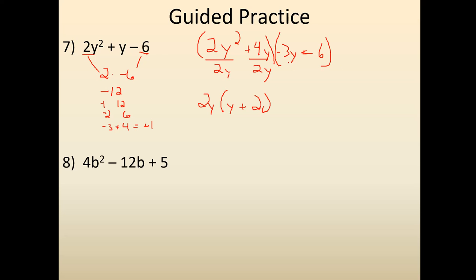Over here, the biggest number that I can divide out is negative 3. So negative 3, and then I'm left with the y plus 2 again. So the common term is y plus 2. And then over here, my second term will be the 2y that I pulled out from that first section and the minus 3 that I pulled out from the second.